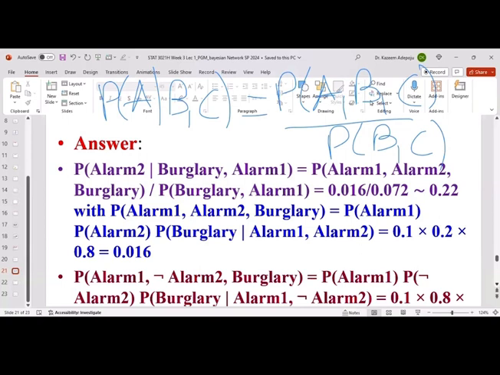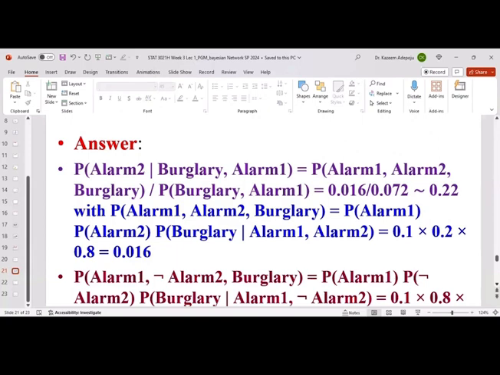Now, if you take a look at the numerator, the numerator is the probability of the joint, and that will come from the graph. You remember in the graph, it's going to be probability of alarm 1 times alarm 2 times probability of the burglary given alarm 1 and alarm 2.